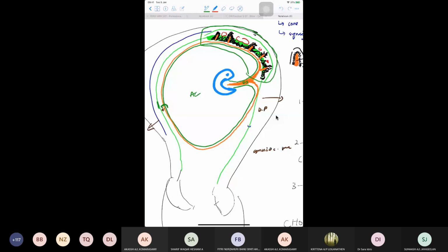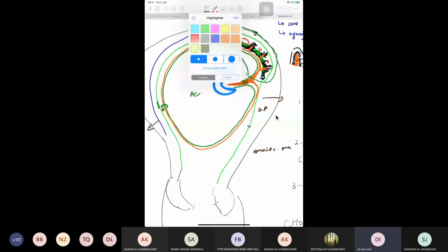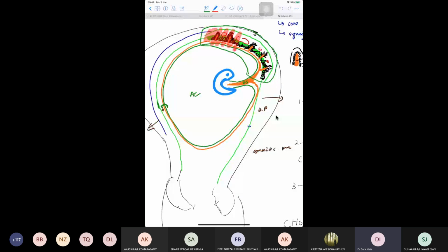Okay, no questions? If no questions, we're going to be focusing on the placenta itself. So we're going to take this and draw it bigger, and we're going to see what it looks like and how the exchange of blood will occur.